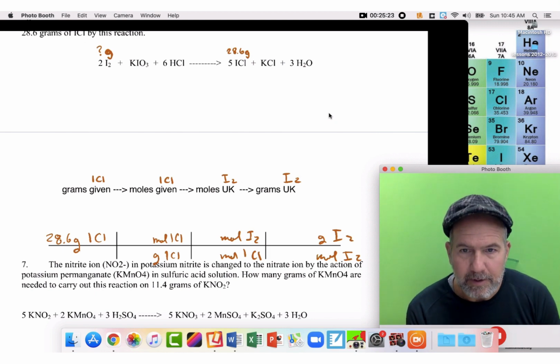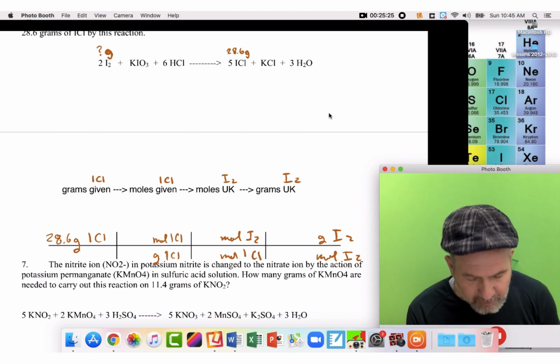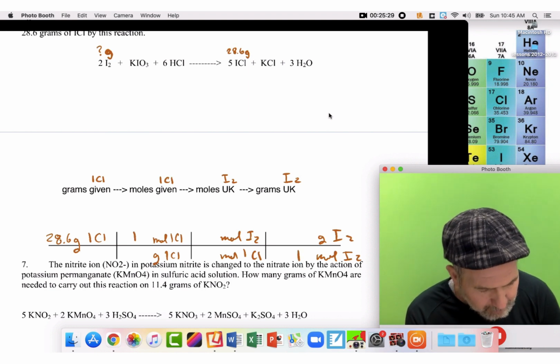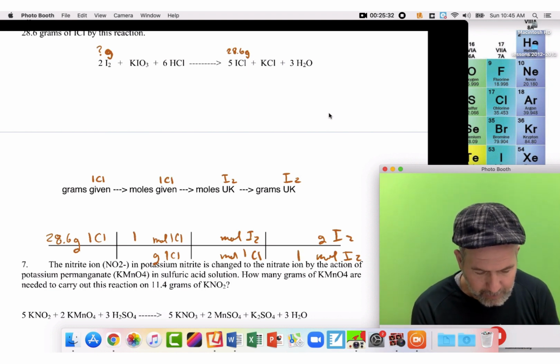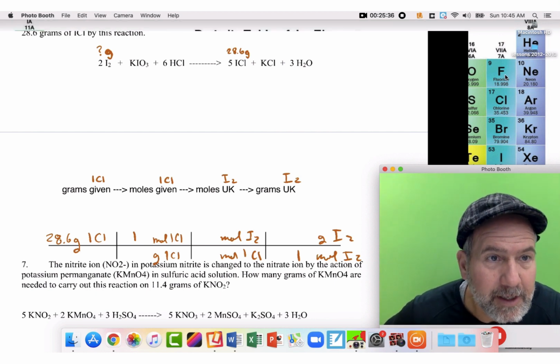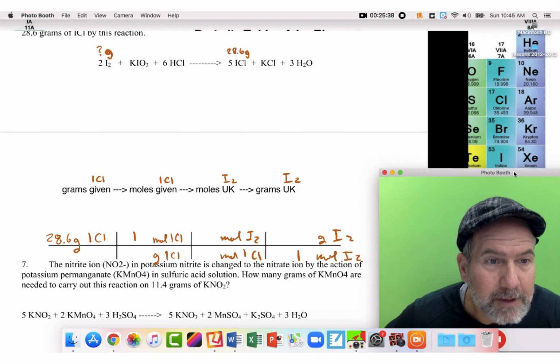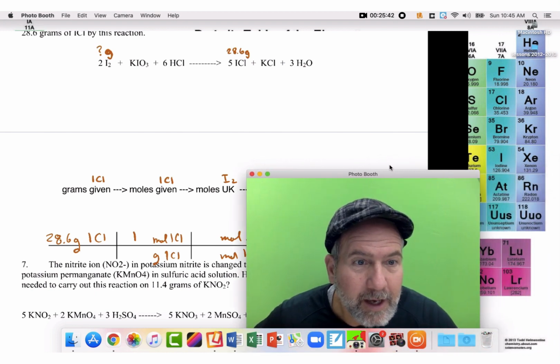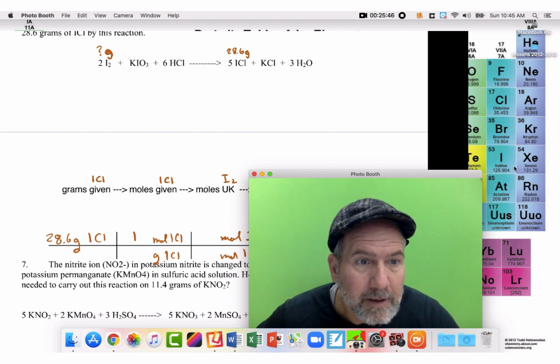Find our numbers. Okay? If you have grams over moles or moles over grams, the moles is 1. Hey, let's take care of that 2 at a time. And the grams comes from the mass in the periodic table. Hey, there I see, let me scoot down just a little bit. I see Cl and I both at the same time. 19 and 127.